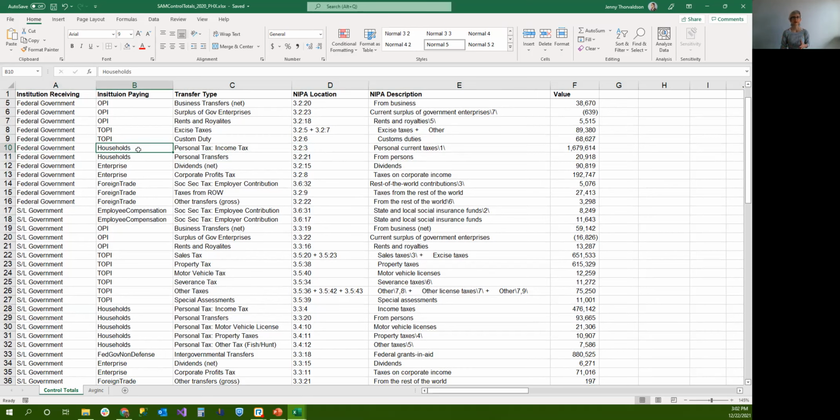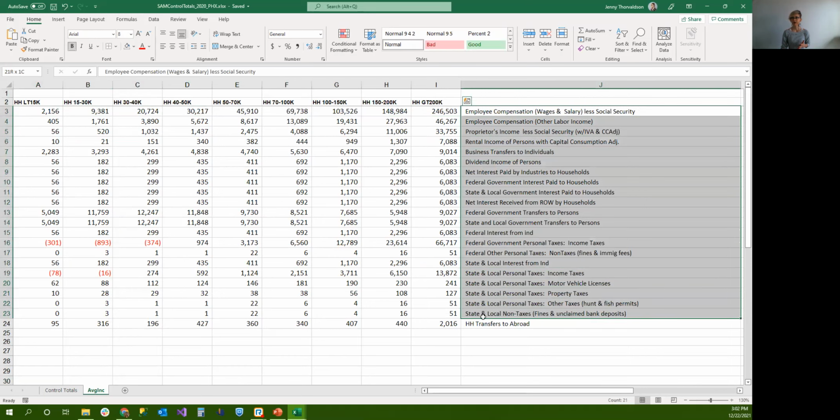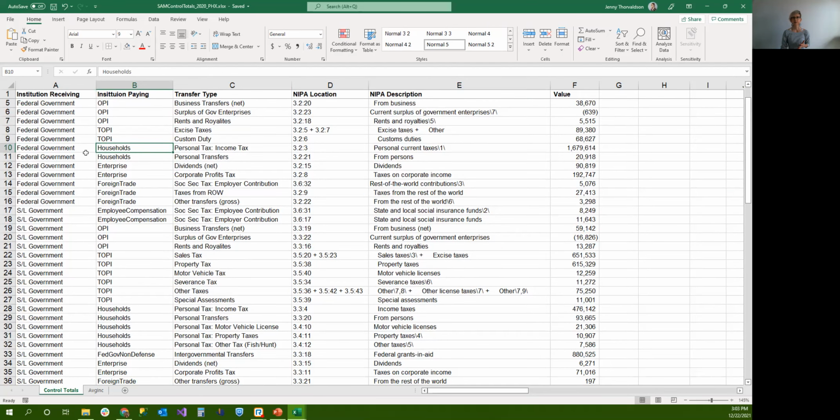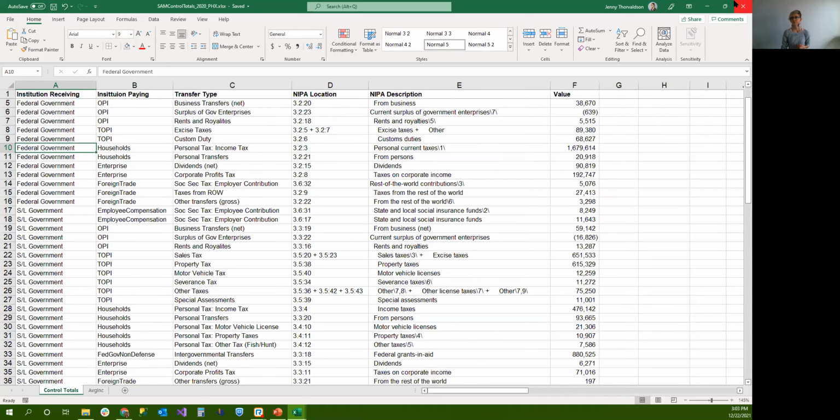It doesn't break them out by household income group, but we have other data by household income group. So here are the 9 household income categories in IMPLAN, and we have various data for them that we can use as distributors to help us break out these tax payments and various other transfers to and from government and households among the 9 household income categories in IMPLAN.